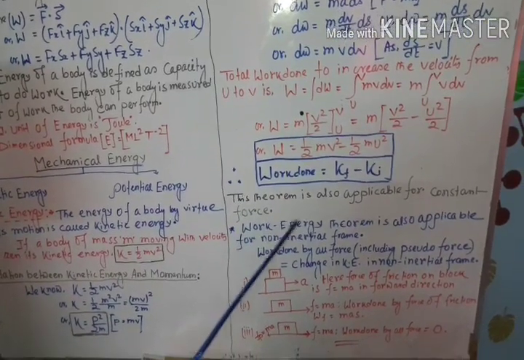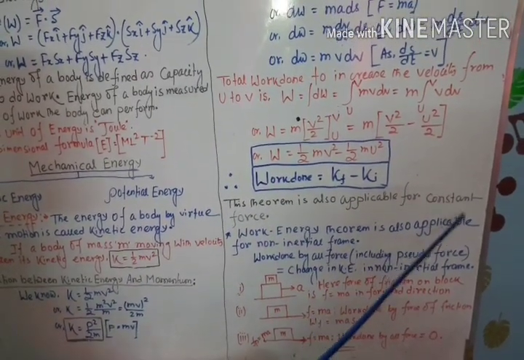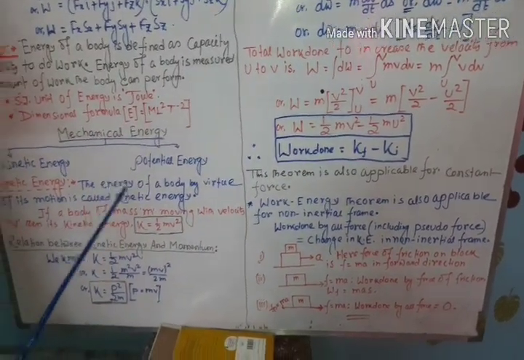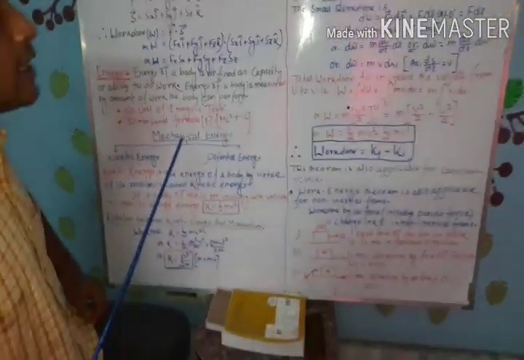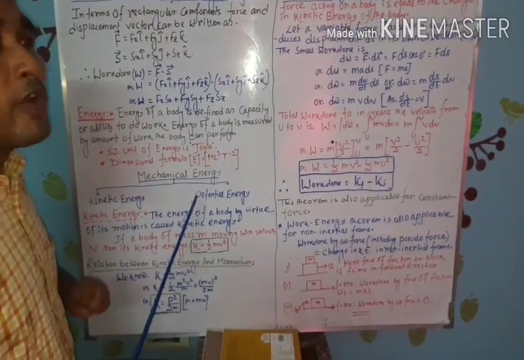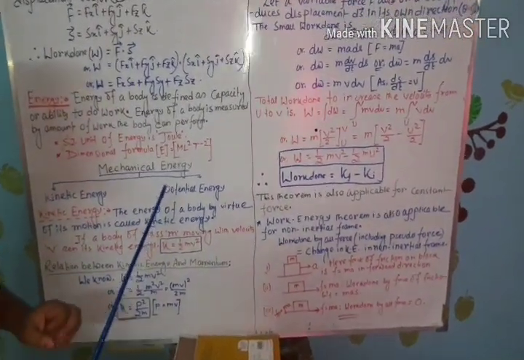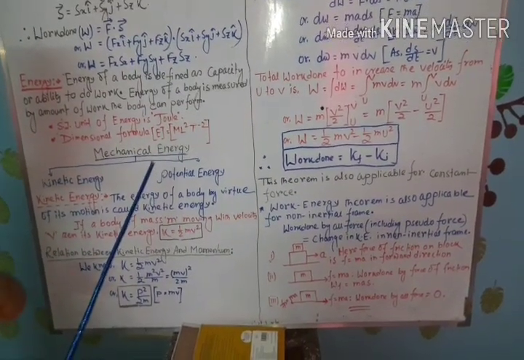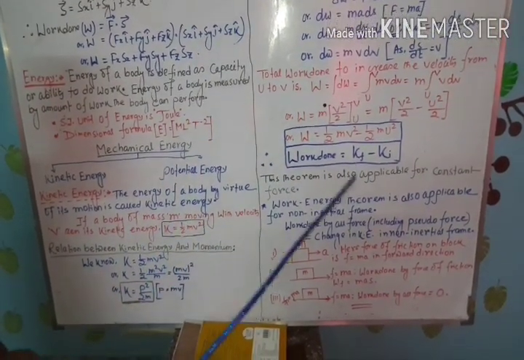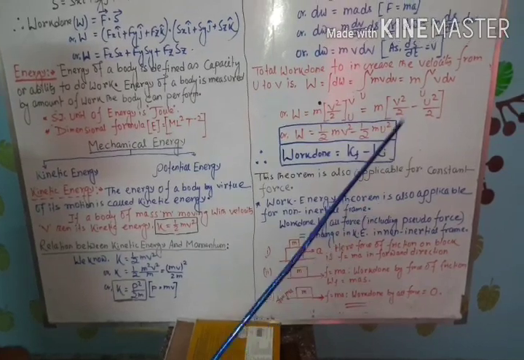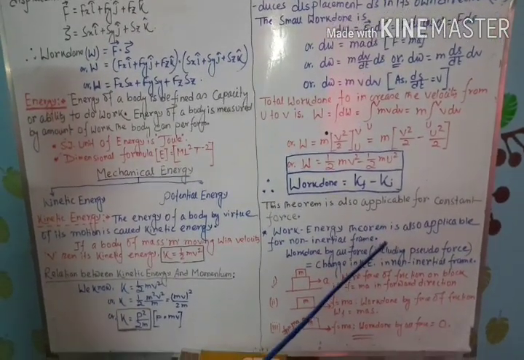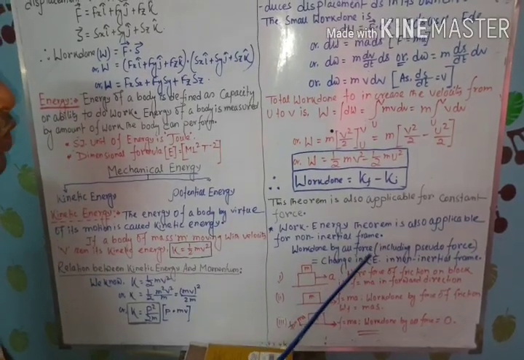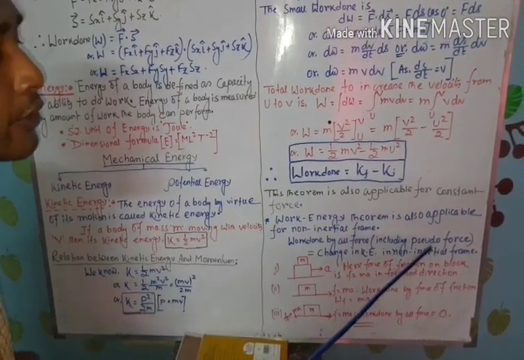Work energy theorem is also applicable for a non-inertial frame. So what do you mean by non-inertial frame? The frame of reference which is accelerated is called the non-inertial frame. Now in this non-inertial frame, the statement of the work energy theorem is: work done by all forces, all forces meaning including pseudo force.